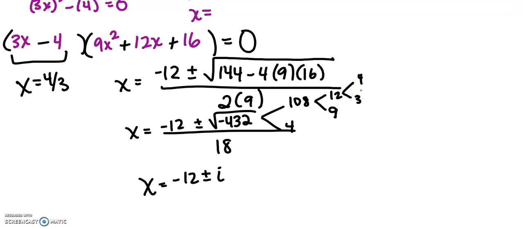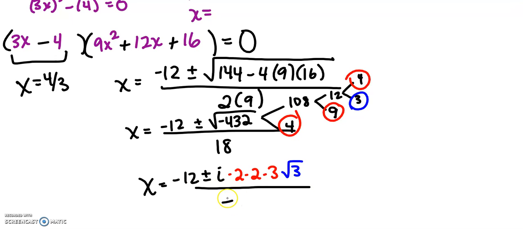My goodness. So it looks like I have a perfect square of a 2, and a 3. So 2, 2, 3. And this lonely 3 is stuck underneath the radical. All of this is over 18.